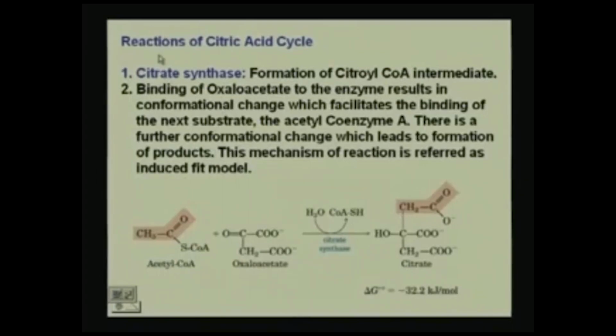In the first step, we have acetyl-CoA, oxaloacetic acid, in the presence of citrate synthase. What does citrate synthase mean? It is going to form citrate. So we have oxaloacetate here.